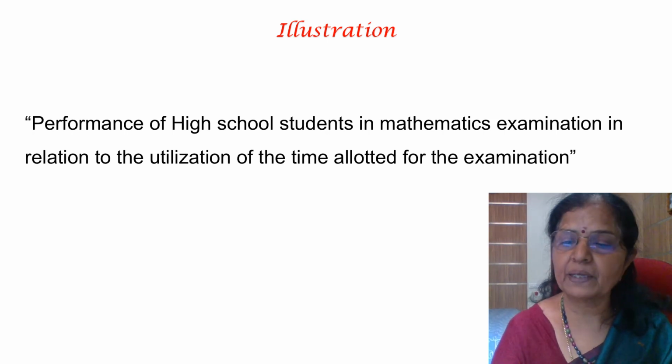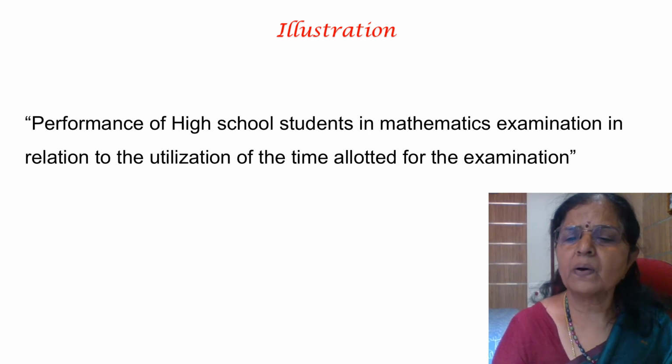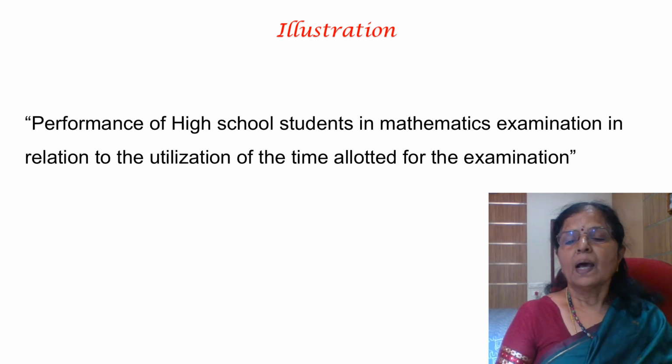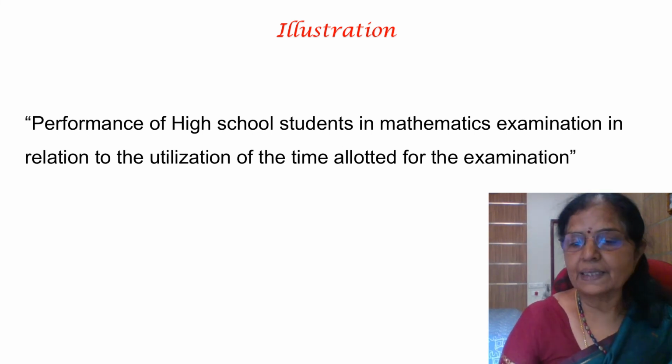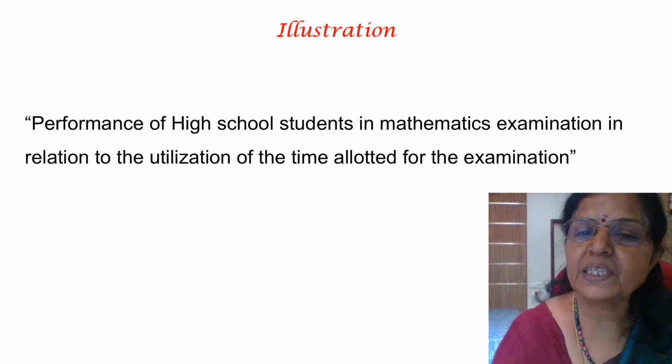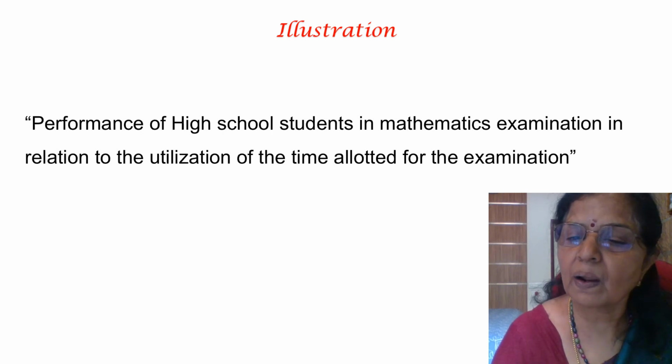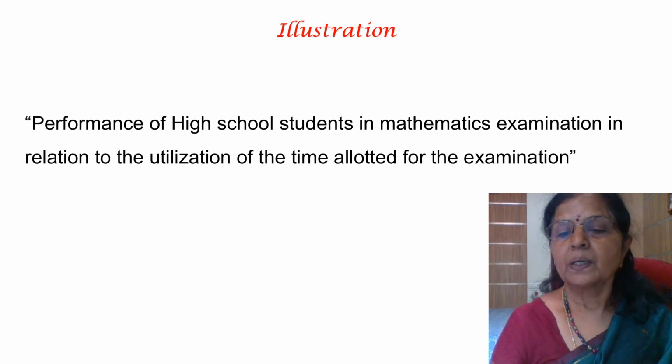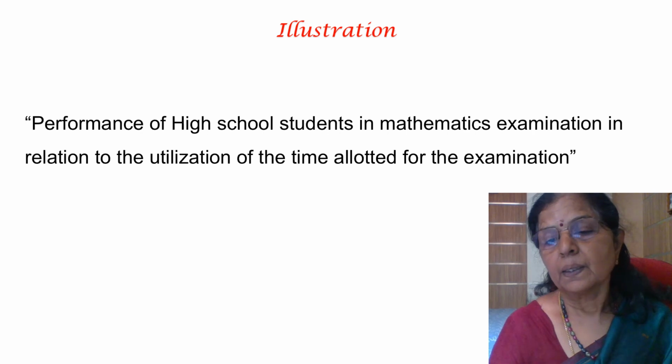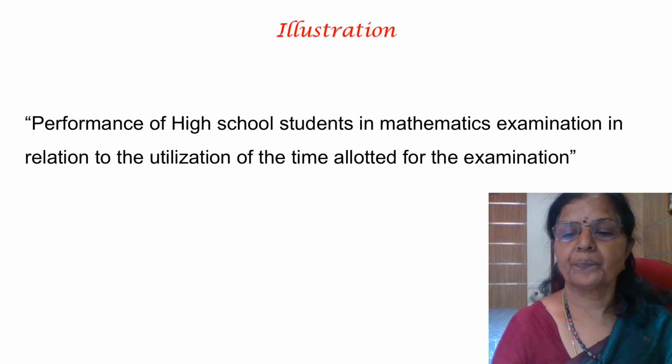It is a method of analysis in statistics. Many correlation methods are available in statistics, which we will be discussing in a separate video shortly. I will analyze it using a particular method of correlation analysis and see if there is a correlation between the time utilized and the performance of the student.